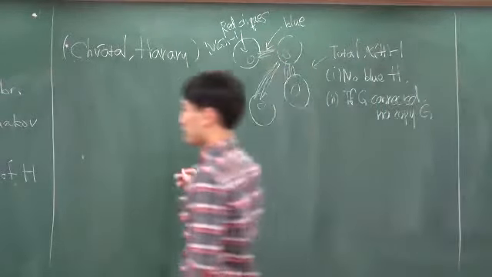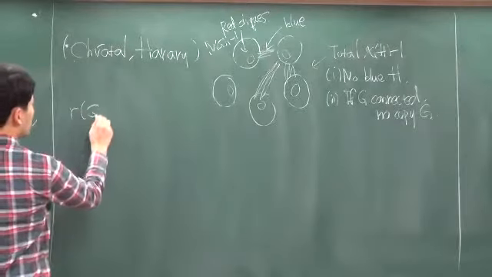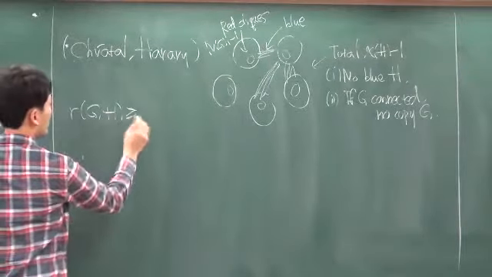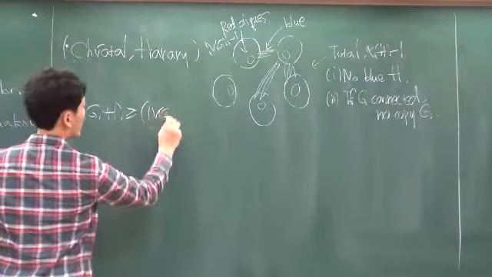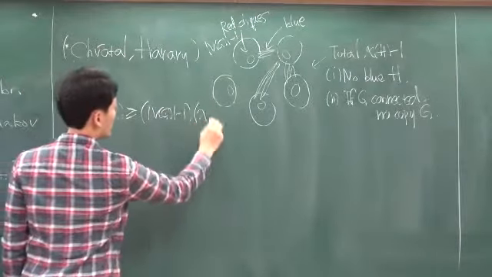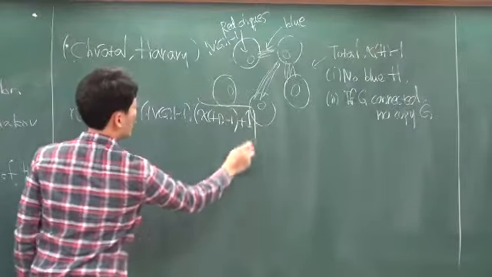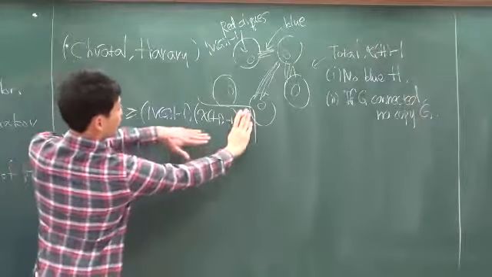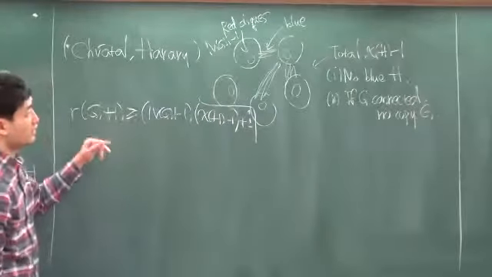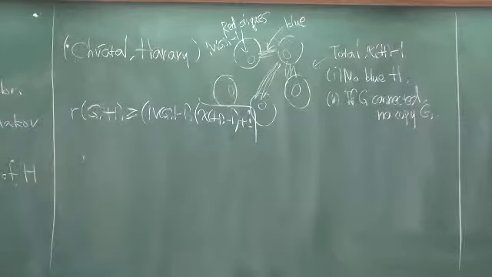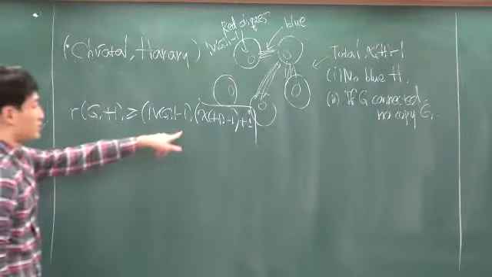This gives a very general bound. As long as G is a connected graph, we have the bound R(G,H) is at least the number of vertices of G minus 1, times the chromatic number of H minus 1, and then plus 1. Because we have a graph on this many vertices which does not have the Ramsey property. That means the Ramsey number has to be at least this plus 1.